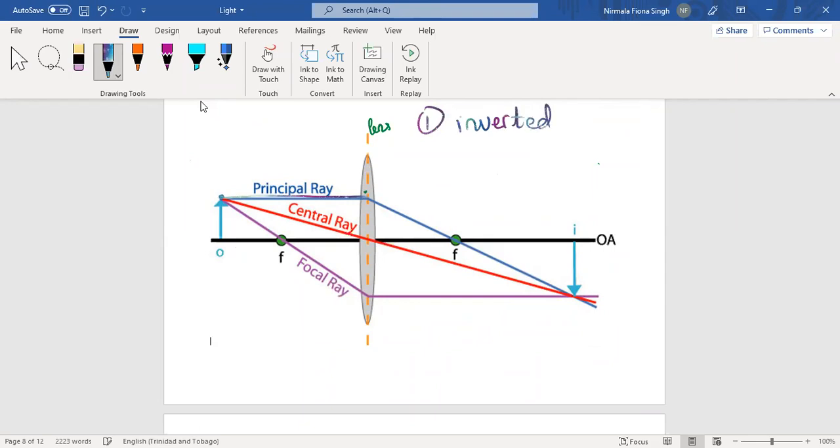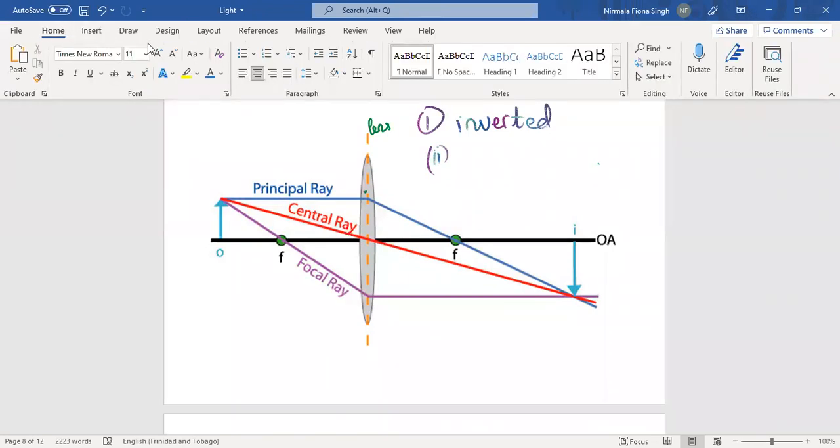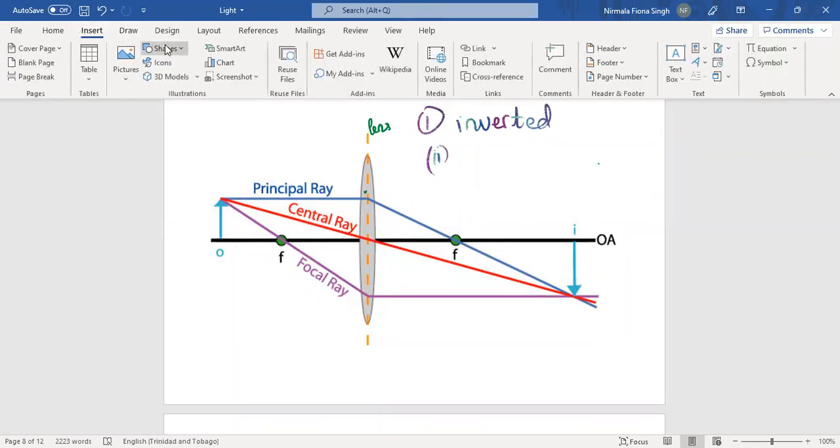It's upside down, because if my object was right side up here, and my rays converge at the bottom of my principal axis, I can now say that my image is inverted. If you all pay attention a little bit, you're going to realize that my image is larger. It's slightly larger than the object. If you all take a look, you can actually see that. Let me draw a line and we can compare it.